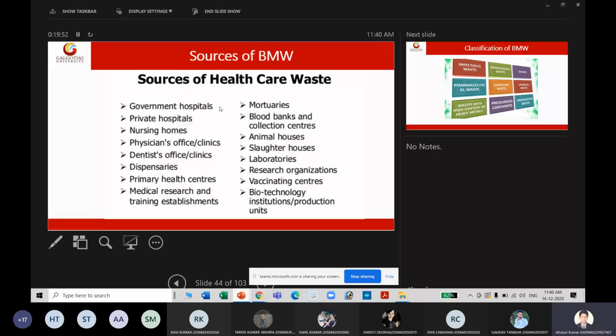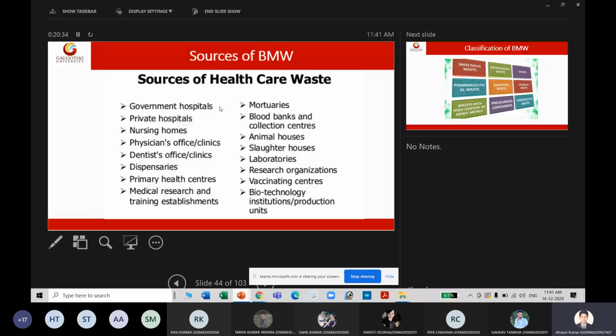Okay, next, classification of biomedical waste. Right side heading, classification of biomedical waste. Classification of BMW. So write the point. There are 9 types of biomedical waste. Typically not 9, there are many, but we can concise to 9.